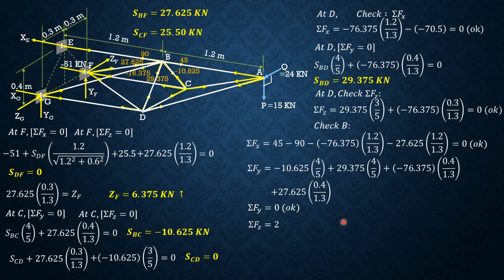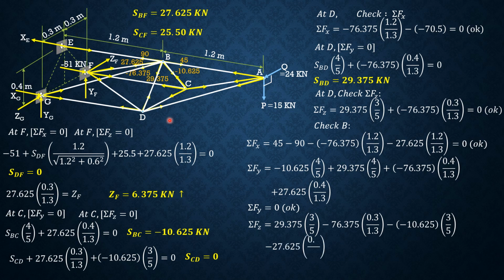Then lastly, summation forces along z equals 0: 29.375 times 3 over 5 plus negative 76.375 times 0.3 over 1.3, then minus, because this is backward, minus quantity negative 10.625 times 3 over 5, then minus 27.625 times 0.3 over 1.3. So computing those values, summation forces z equals 0.